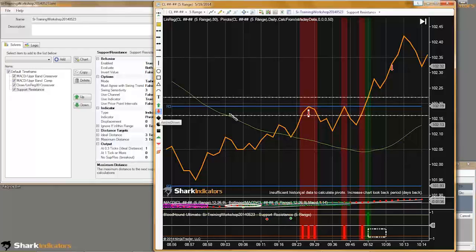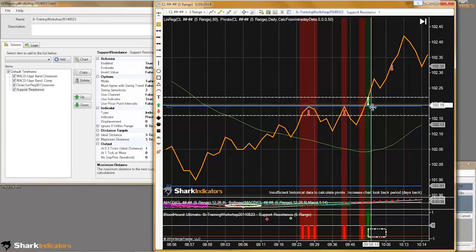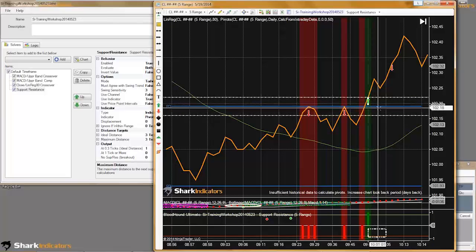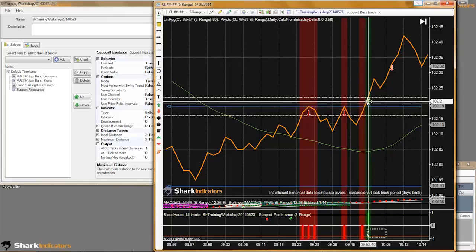Once again, price comes up to R3, and the solver says, hey, we could get a bounce off of this because we're within this 3-tick zone. And then finally price breaks out, and the solver knows that price is above the R3 line, and so it's telling you that you could look for a long trade now.